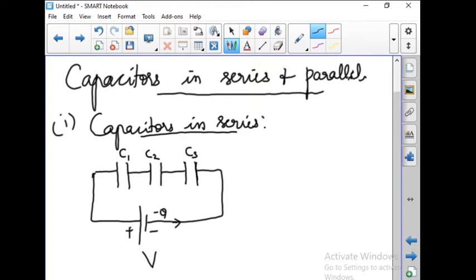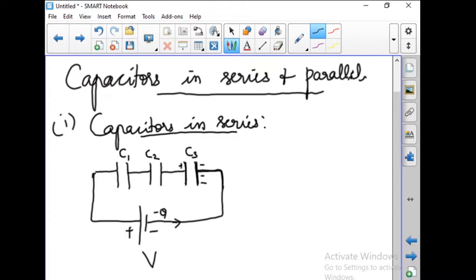So the electrons are moving towards the right plate, and this side obtains the electrons. It pushes electrons of the same amount from the left plate of C3 to the right plate of C2.